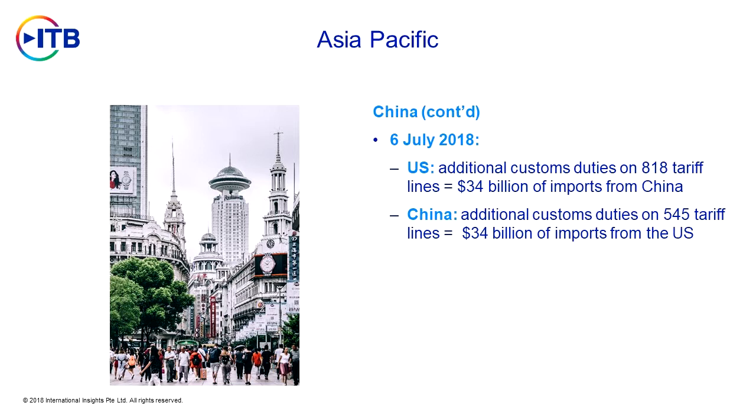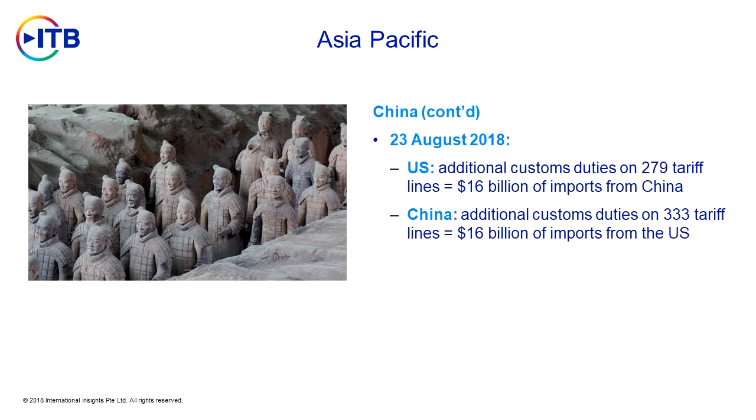On the same day, the 6th of July, China returned fire. Additional duties were imposed on 545 tariff lines, comprising $34 billion of imports from the US. The second round of shots were fired on the 23rd of August.